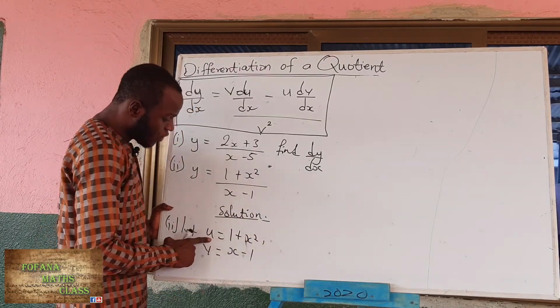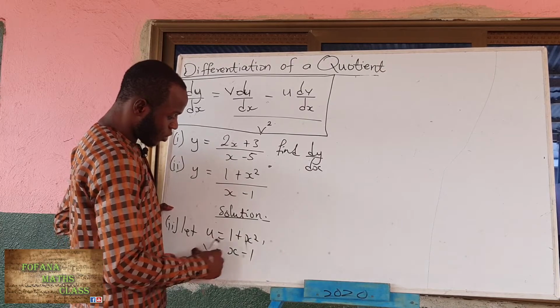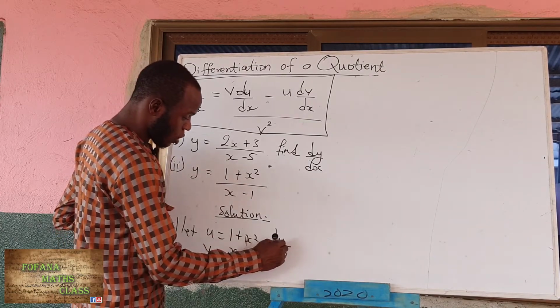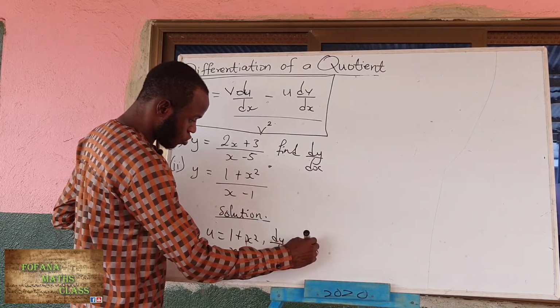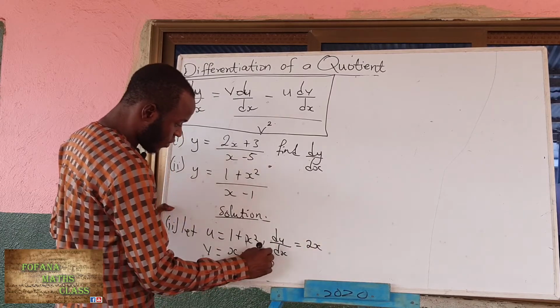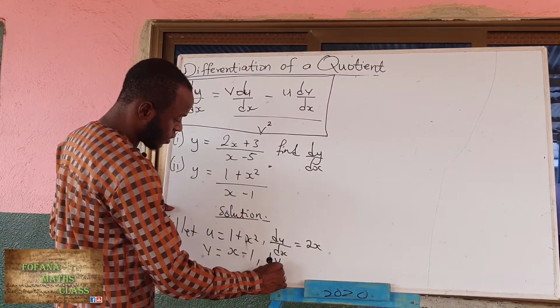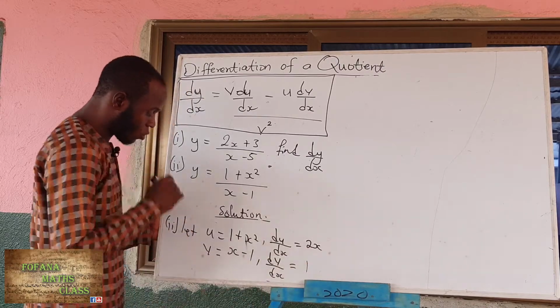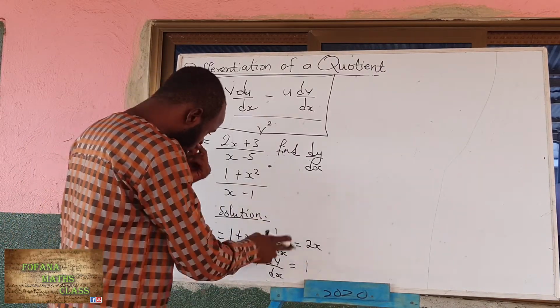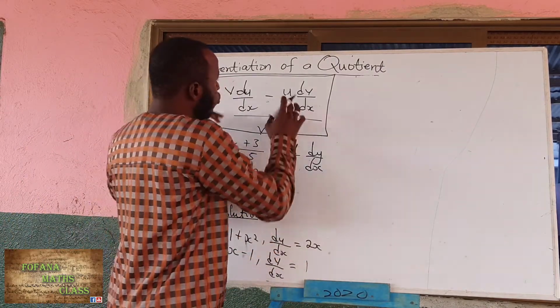Now you differentiate the variables u and v. When I differentiate u, I get du/dx equals 2x, and when I differentiate v, I get dv/dx equals just 1. From here I substitute the values of v and u into the formula.